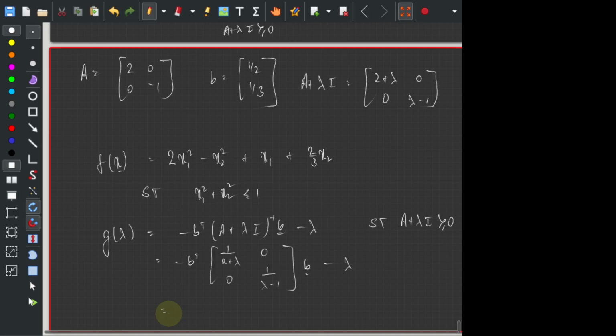What is this equal to? Minus 1 over 4 times 1 over 2 plus lambda, 1 over 9 times lambda minus 1 minus lambda. Right? And subject to what constraints? So when is A plus lambda I positive semi-definite?